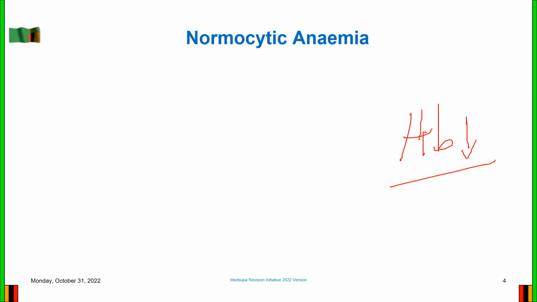The first step is to identify that there is anemia, and that is HB to start with. When HB is low, it can only be called low or anemia based on the age and the sex. That's very important.